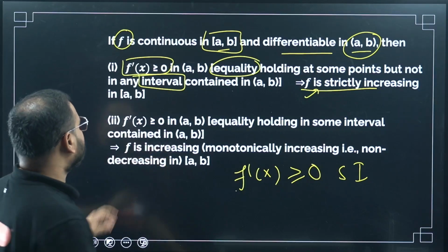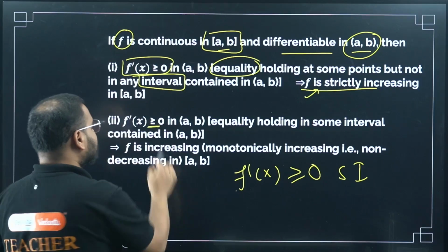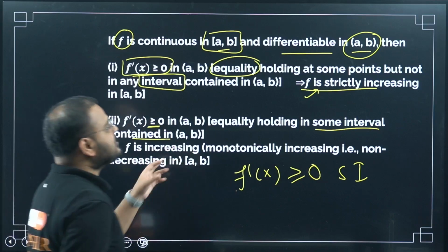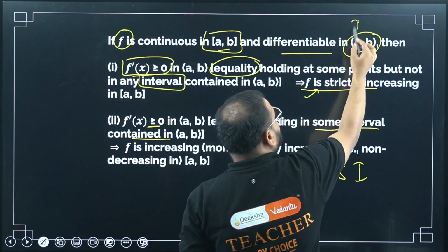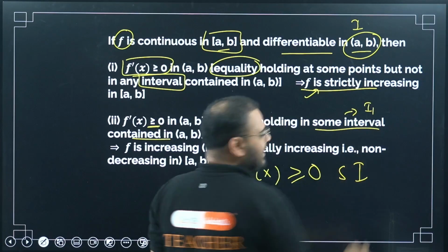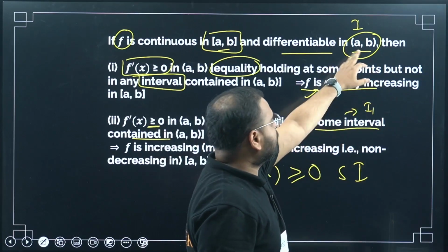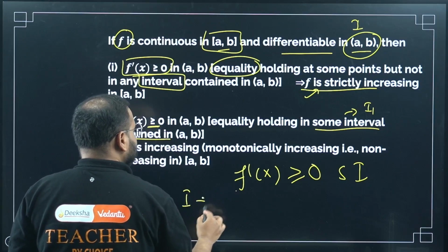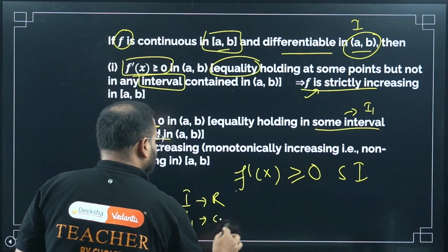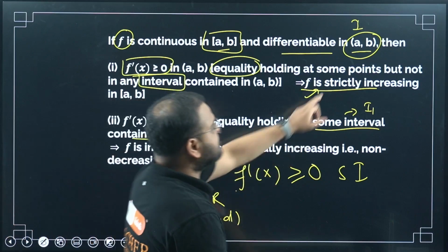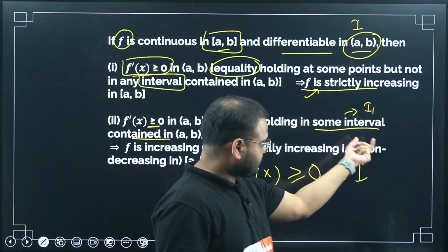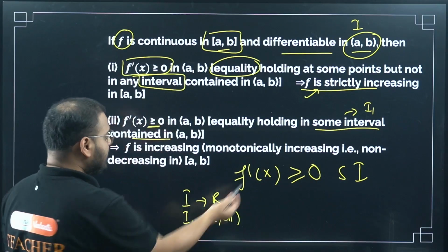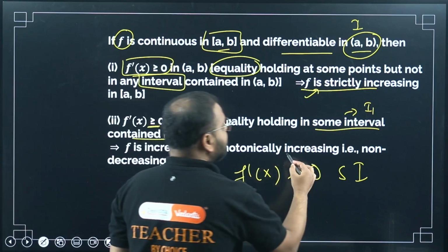Same goes over here, but in this condition, if equality is present not at one point but over some interval like this, this is the whole interval, which I call I. If I take some subinterval I1 of the whole interval, where earlier I wrote the interval I as the real numbers and I1 as C comma D, and this equality is present over all such subintervals, then I can call this function increasing.